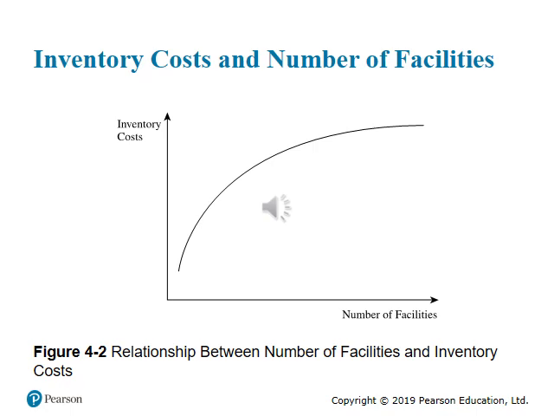So more facilities means more cost. Fewer facilities, less inventory cost. Because if you increase the number of facilities, each facility will have its own inventories, and having inventories in different facilities means that you have more cost in dealing with inventory.